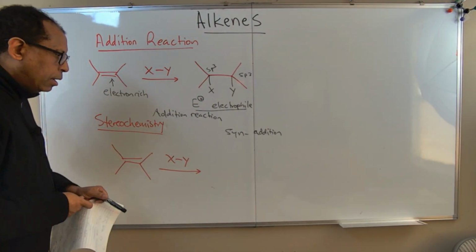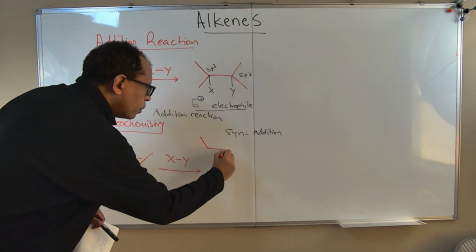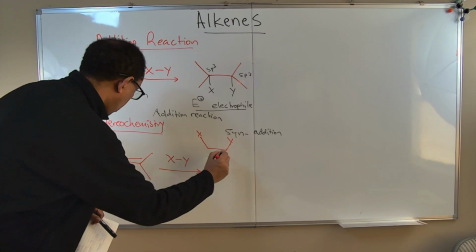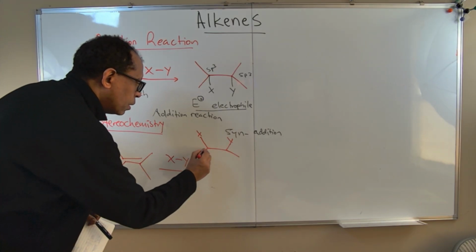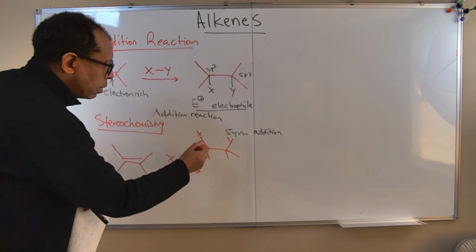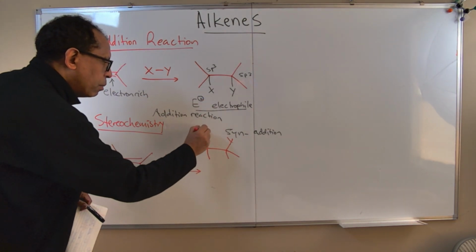So both add from the same point. That means this is X, this is Y. So you have this, this, this, this. So you have 1, 2, 3, 4, 1, 2, 3. X and Y would be adding from the same side.